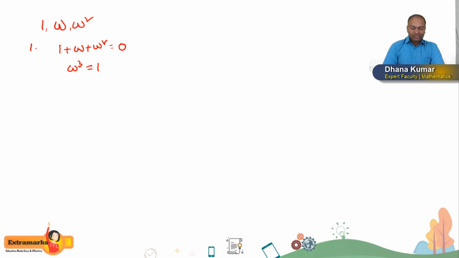In general, let us see a simple example. I think it is there in the NCERT book also. Suppose we calculate omega power 300. How to find this one?